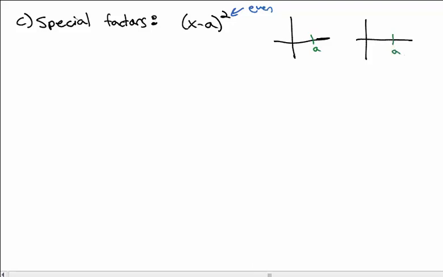When we see (x - a) squared, it is going to hit that point twice. So it goes through it once and comes out again. It's going to bounce back down. It's coming in from the top, hits it, and bounces back for the squared. Even exponents will bounce, just like x squared does, on the x-axis. Instead of going through, it's going to bounce.